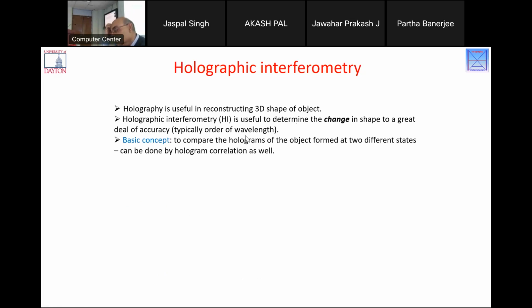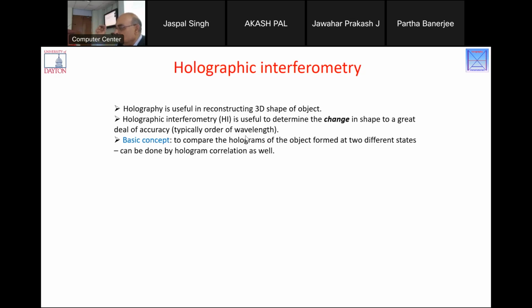So the basic concept is to compare the holograms of the object formed at two different states. This comparison typically is done, as Dr. Nischal said, and that's what I'm going to show, by generating an overall interference pattern when you read out the holograms.